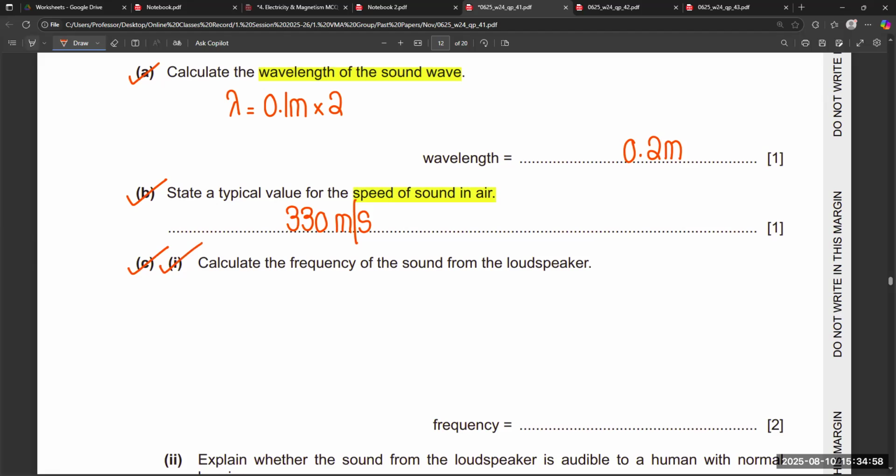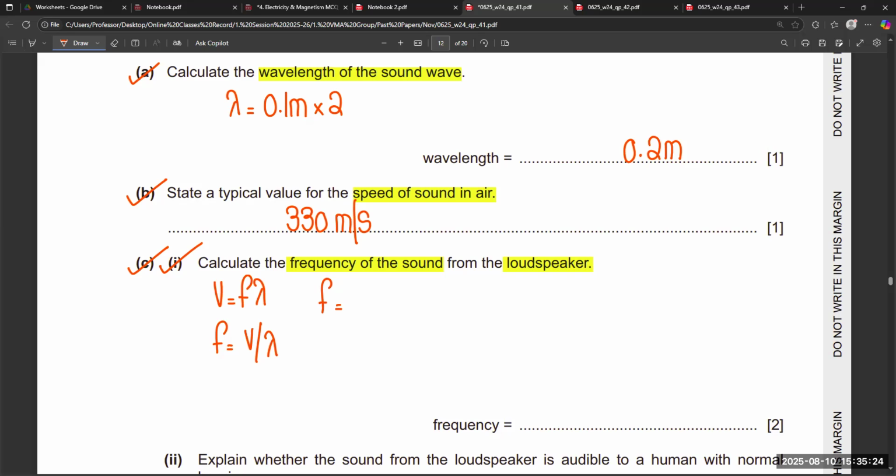Now calculate the frequency of the sound from the loudspeaker. So we have to calculate the frequency. There is only one formula we discussed, v equals f lambda. Speed is constant.